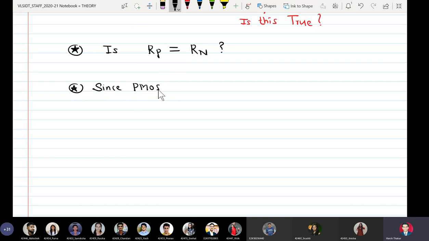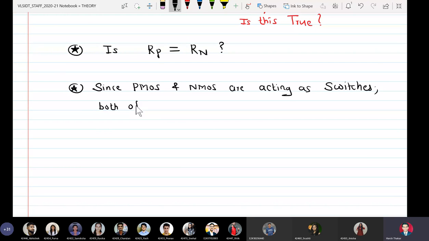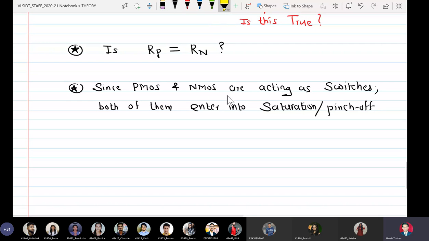Since PMOS and NMOS are acting as switches, both of them enter into saturation or pinch off.